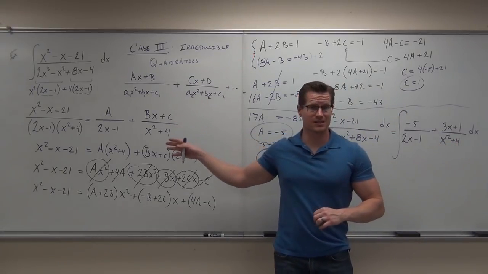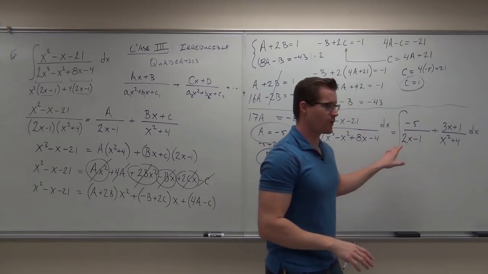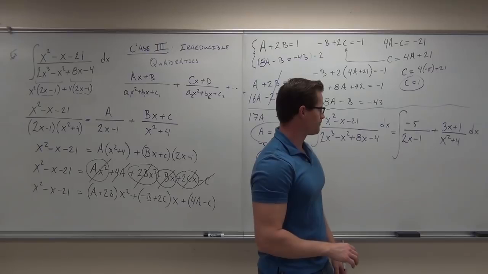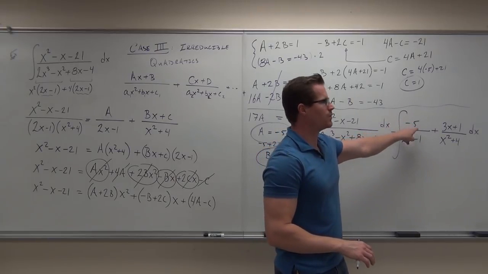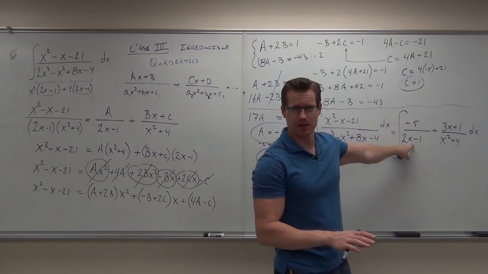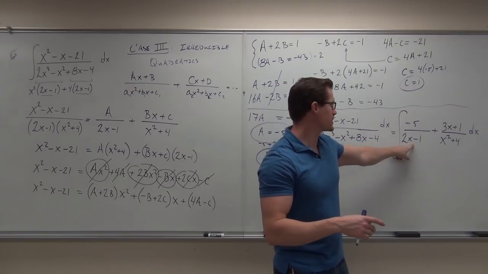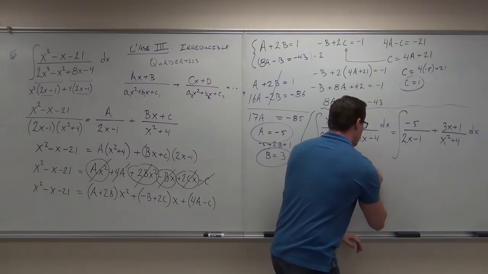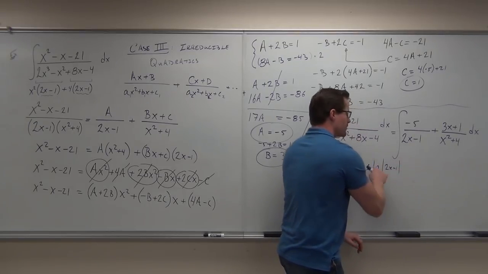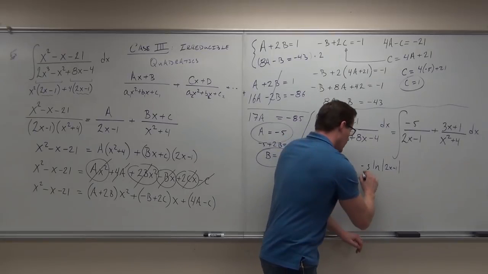Now, I've got to erase this stuff. Do you have any questions so far on this? Are you sure? Okay. This is very straightforward. This is going to be an ln. Do you guys see it? Yeah. Linear ln. The only difference is this is not going to be -5 ln absolute value 2x minus 1. It's going to be -5 ln absolute value 2x minus 1 over 2.